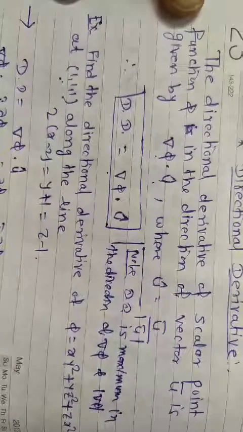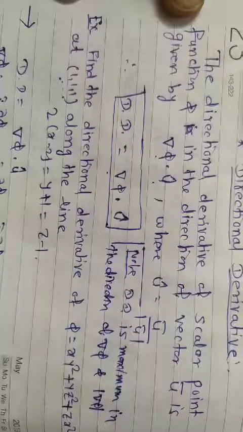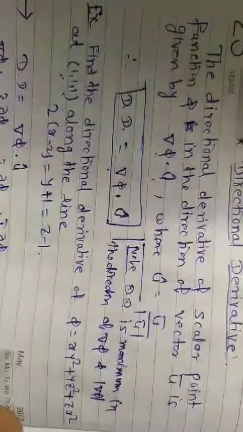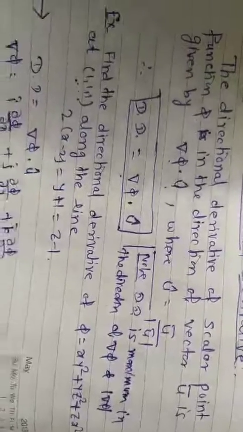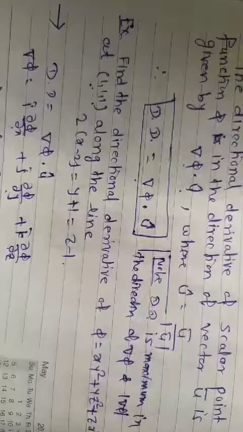So here phi is a function of three variables x, y, z. So we have to find partial derivatives of phi with respect to x, y and z, that is, ∂phi/∂x, then ∂phi/∂y and ∂phi/∂z.